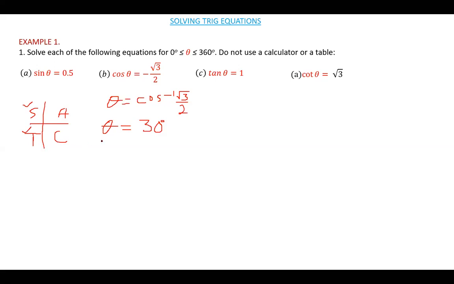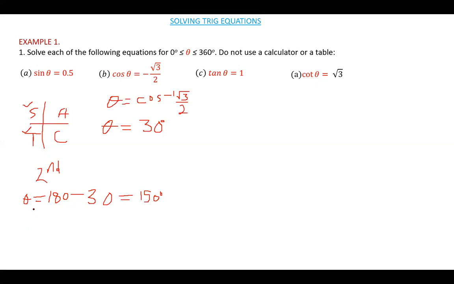So to find the solutions, we're going to say theta in the second quadrant. In the second quadrant there is this equation, which is 180 minus the answer that we found, which is 30. So in the second quadrant, we're going to have our theta to be 150 degrees.